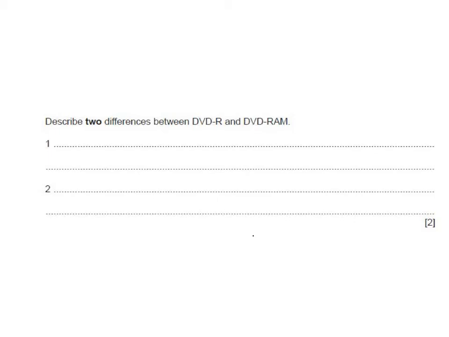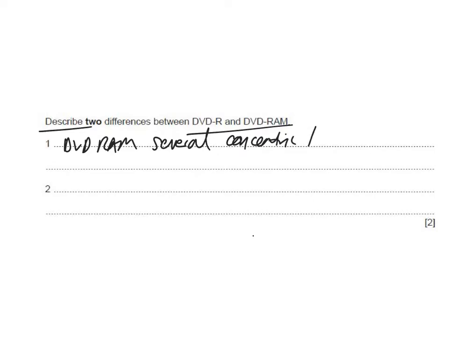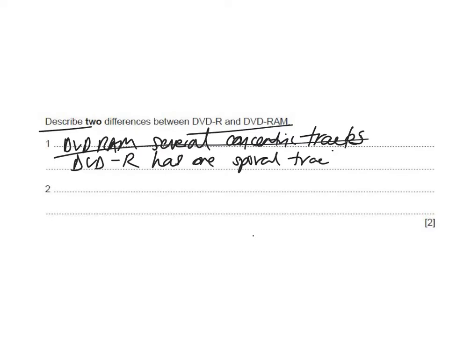Quite an important one here that we know what we've got: DVD-RAM, and exam technique's important here because people will leave parts out. So DVD-RAM has several concentric tracks. That answer does not tell us the second half of the answer, which people miss, which is that DVD-R has one spiral track.